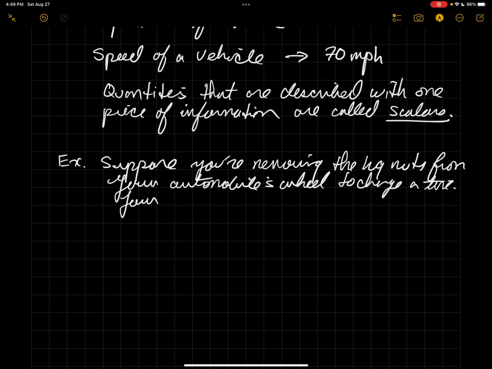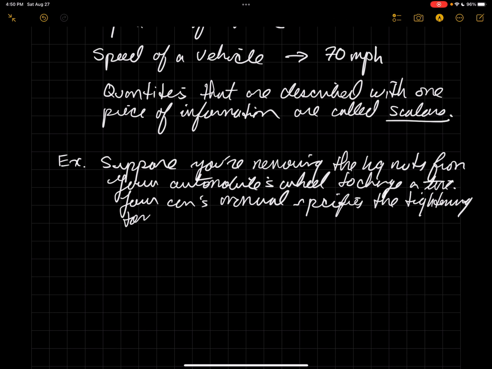So your car's manual specifies the tightening torque of the lug nuts to 100 foot-pounds. Okay, so that 100 foot-pounds, that's describing something which we call torque, and we're going to learn more about torque. We'll learn a little bit about it today, but we're going to learn a whole lot more about it later on when we dive deeper into our study of physics.